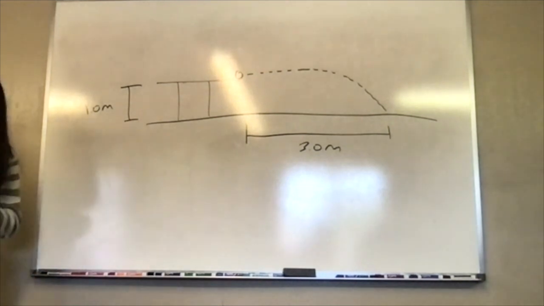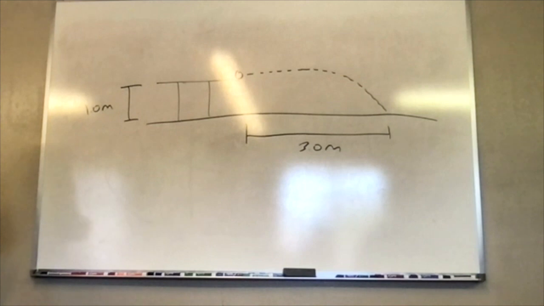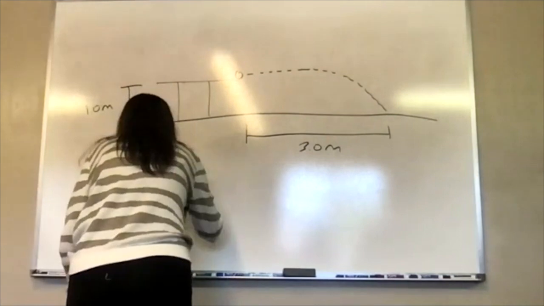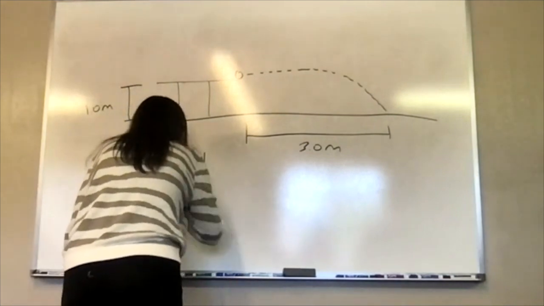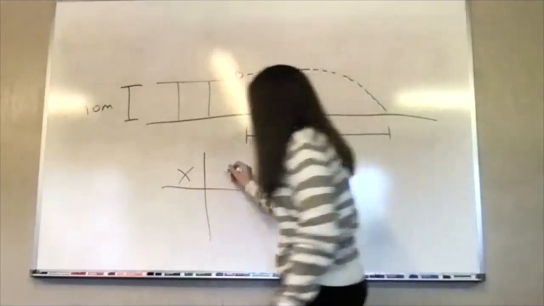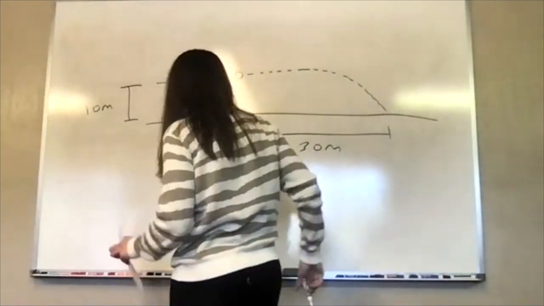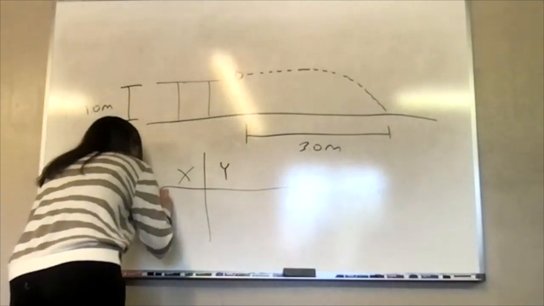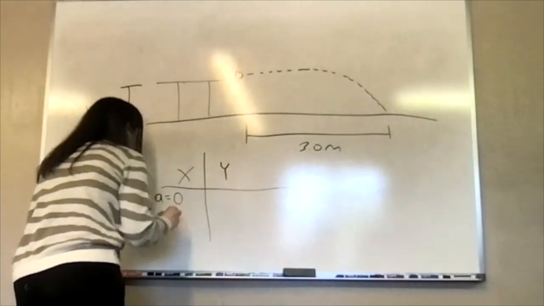It helps in this situation to think about what are the y components, what are the vertical components, what are the horizontal components. So I think of it in terms of x and y. So we've said before that in the x dimension, acceleration is 0.